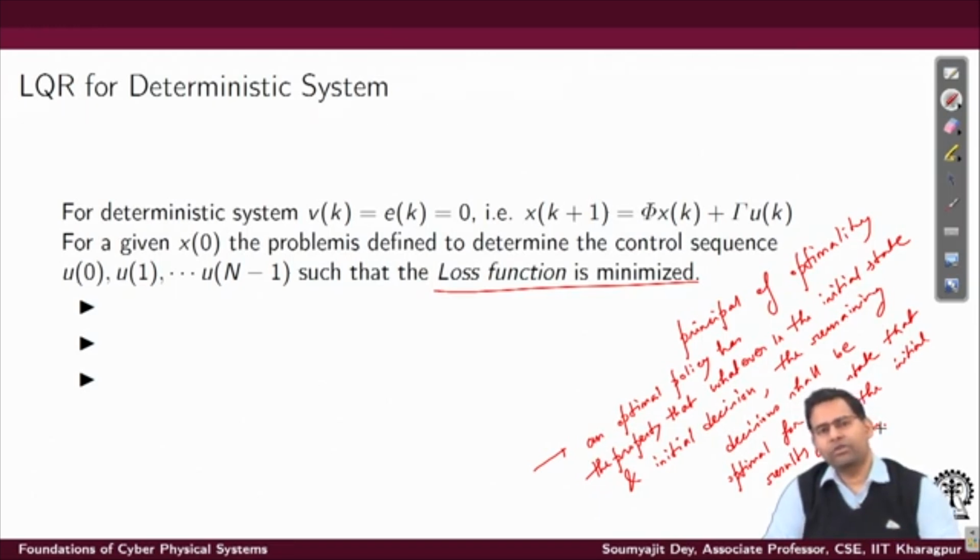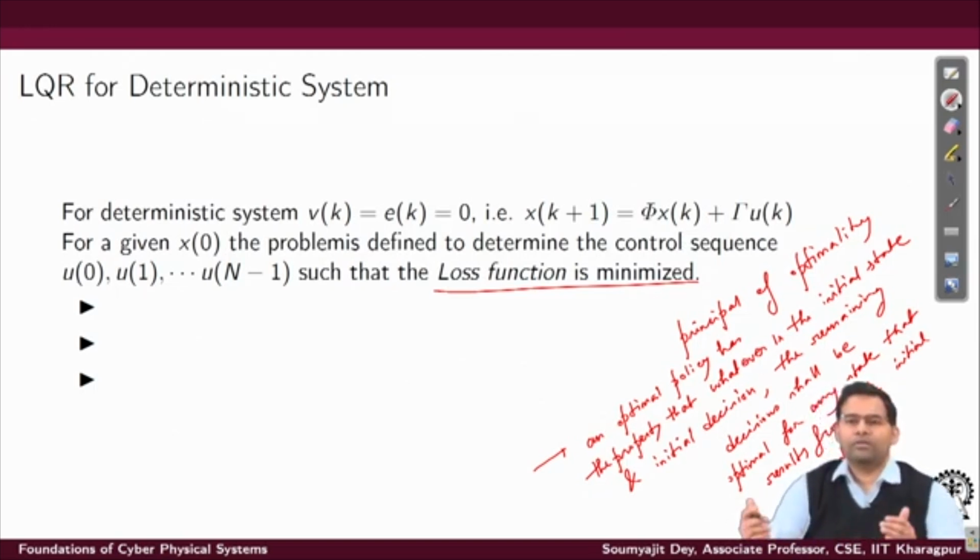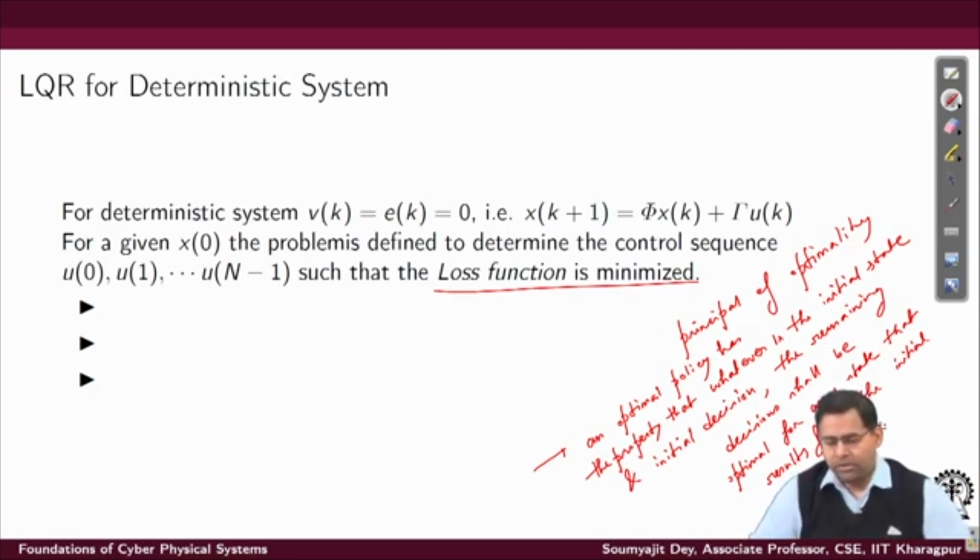That means for this choice that I made now, there exist choices in future, and once I make those choices, along with this choice is the best possible way to minimize this function. Okay? I hope this is clear now.